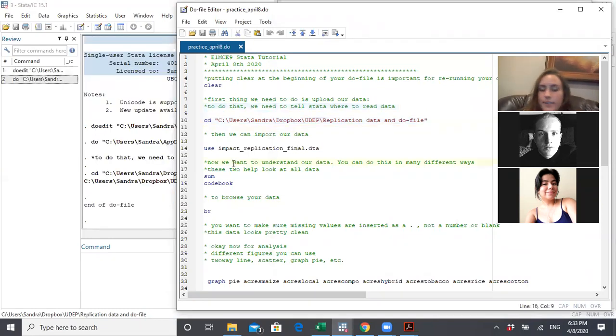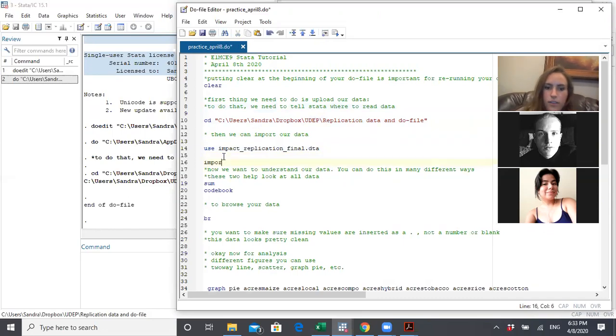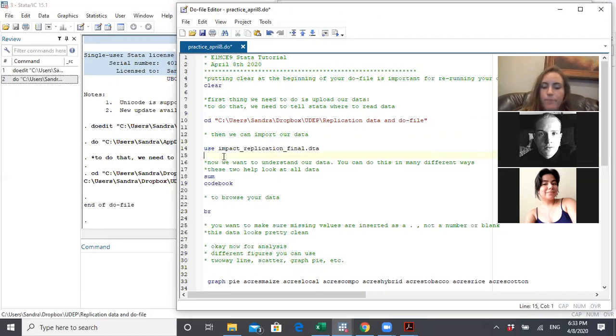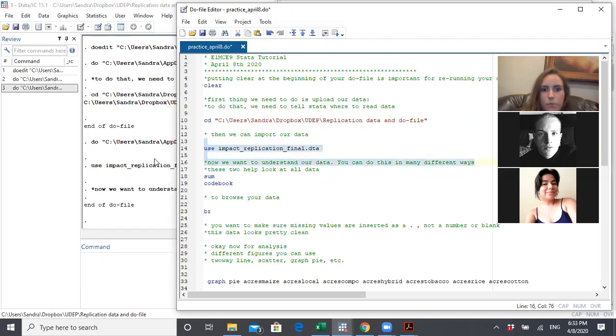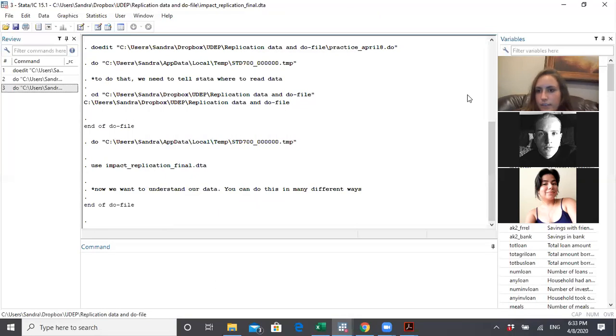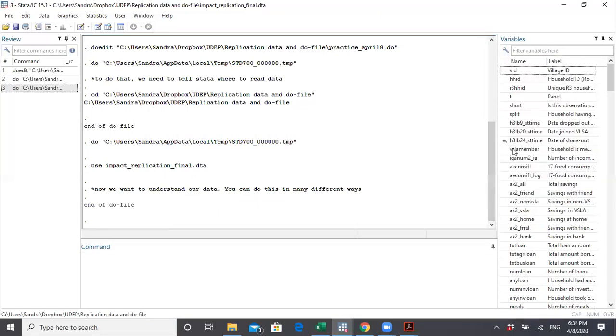And then you import your data. So in this case, it's a DTA file, so I just say use this data. If it's Excel data, for example, or CSV, you'd have to go import CSV and then the name. So slightly different, but we just have a DTA file. So I imported it, and as you can see, all of my data is right here.